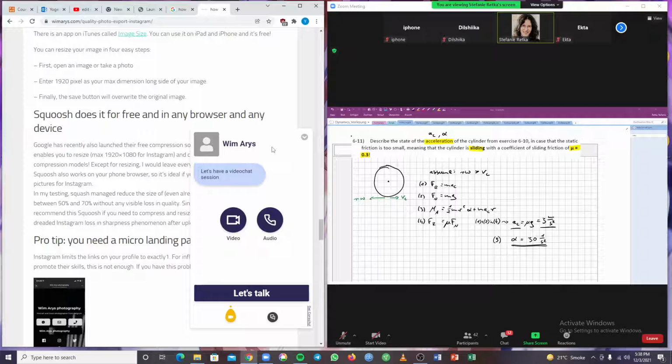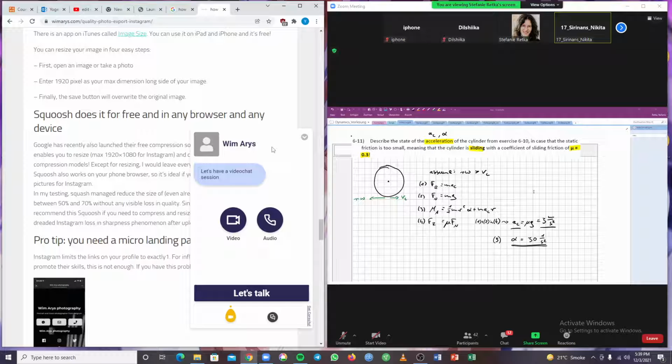Are there any questions regarding this exercise, the approach, or any problems in understanding the problem description or what to do? Yeah, maybe I have a small question.